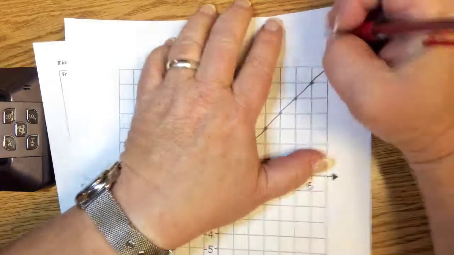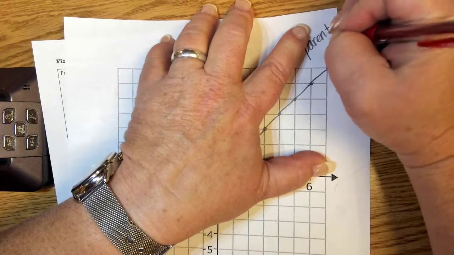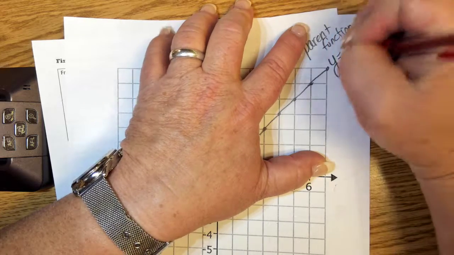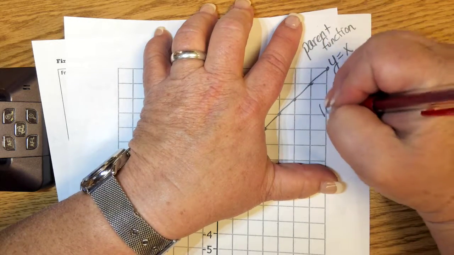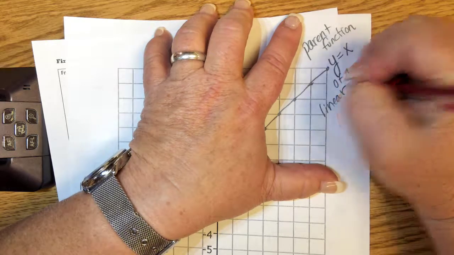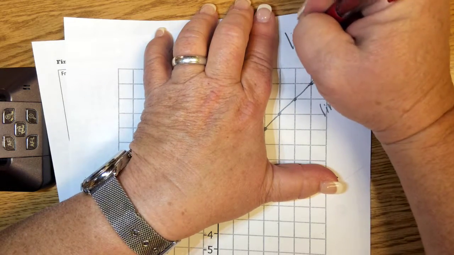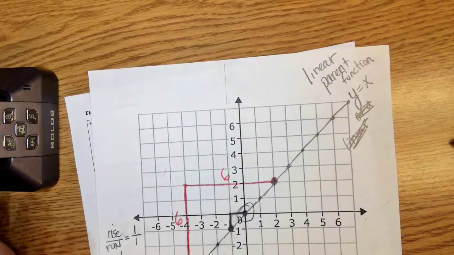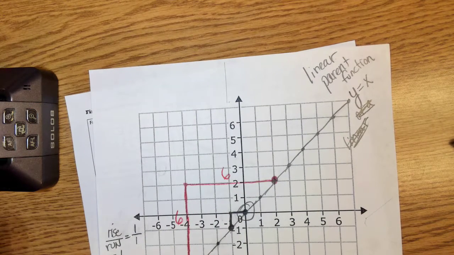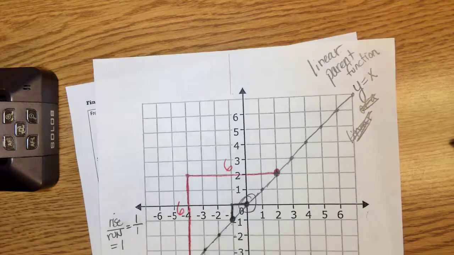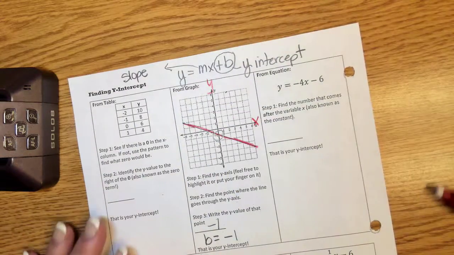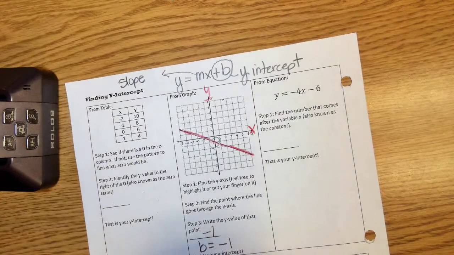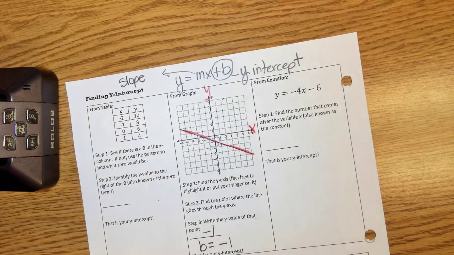And it's called the linear parent function, okay, is y equals x. That's your equation. This would be your graph. And linear means what kind of line? Straight.